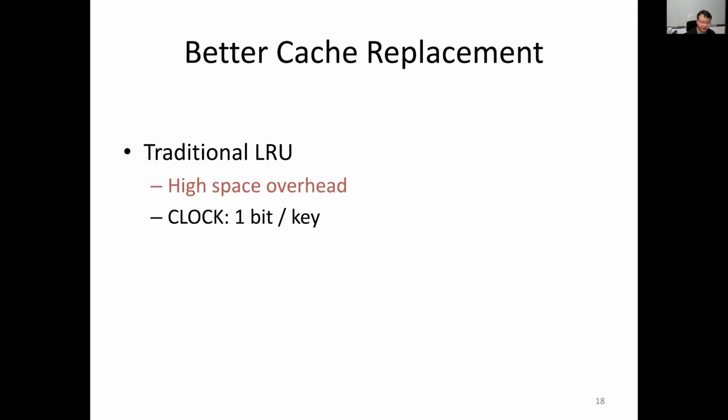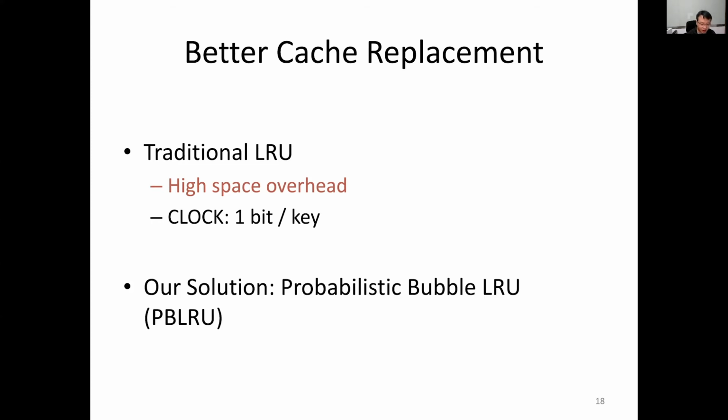Even some approximation of LRU, such as clock, requires 1 bit per extra key, and this is not what we want in the microflow cache, because all the memory layout is well aligned, and we cannot afford this additional space. To address this problem, we came up with a new cache replacement policy called Probabilistic Bubble LRU, or PBLRU for short.